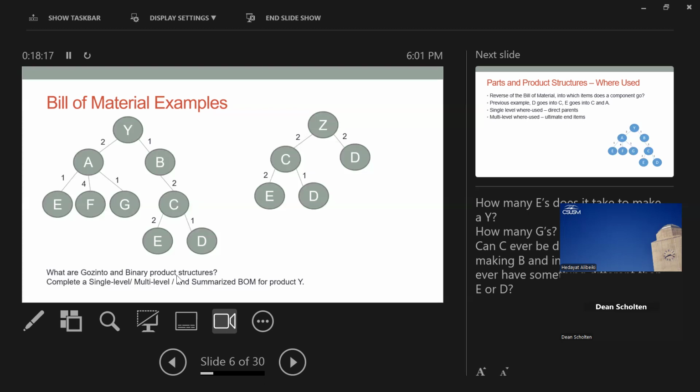So for each D, how many E's do I need? Four. Two E's go into one C, two C's go into one D. So each D requires 3 times 2 E. Am I right? Yeah.